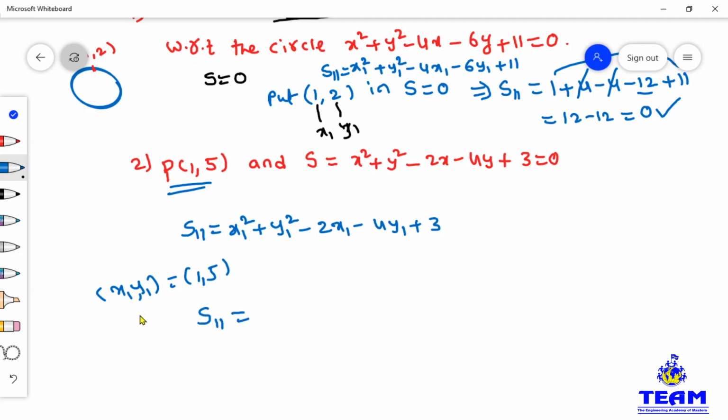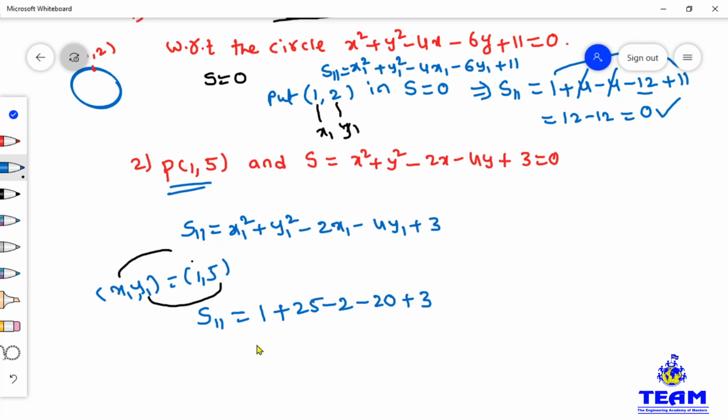Now put x1 is equal to 1 and y1 is equal to 5. Then what are you getting? 1 square is 1, plus 5 square, 5 square means 25, minus 2 into 1, that is minus 2. Next, minus 4 into 5, that is minus 20, plus 3.